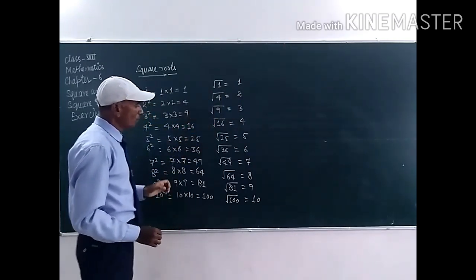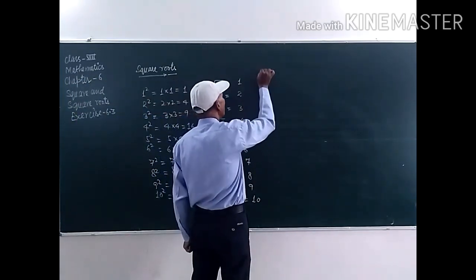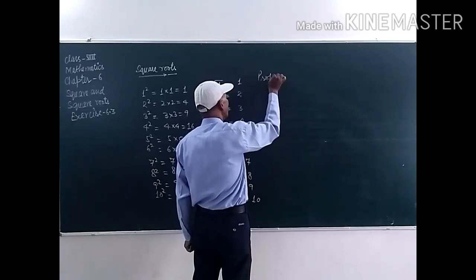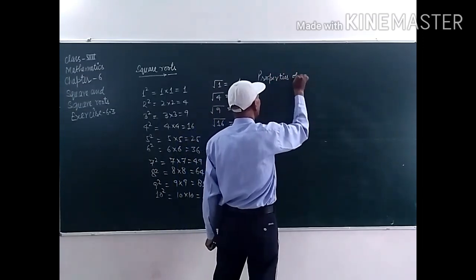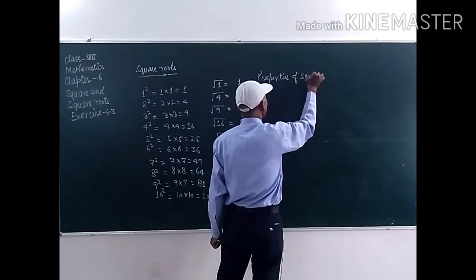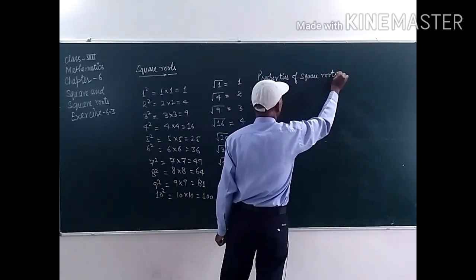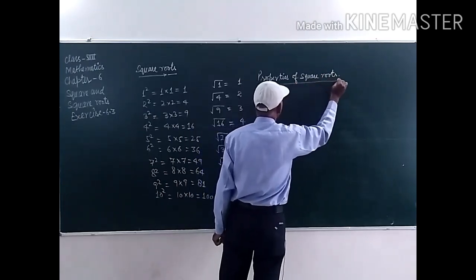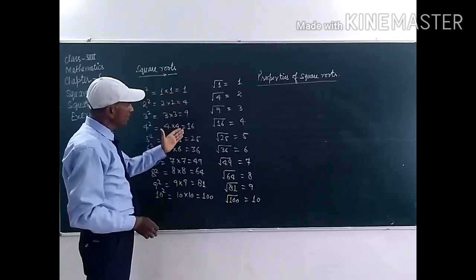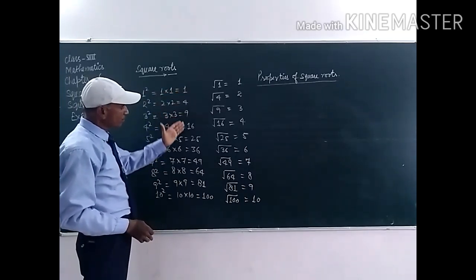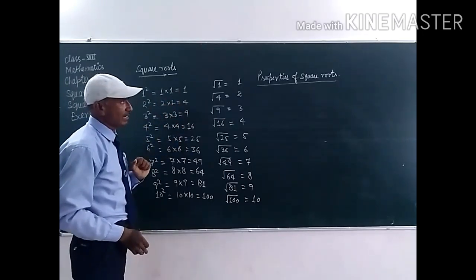Now we have to find the properties of square roots. From this table, student, some numbers are missing from the unit places, and those numbers are 2, 3, 7 and 8.